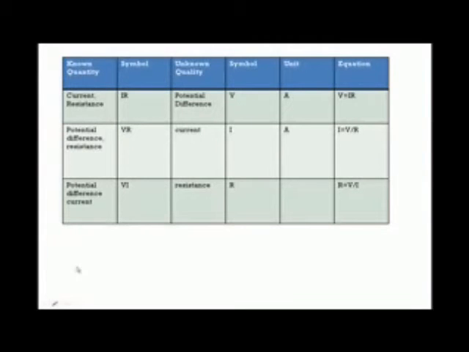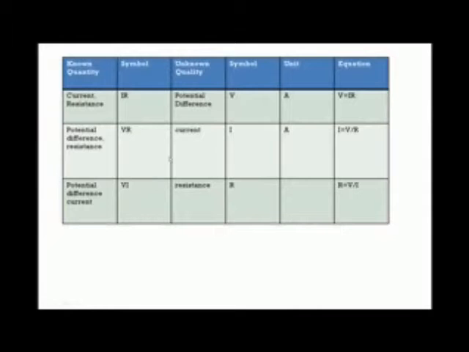We have the values for current and resistance, but we do not have the value for potential difference, whose symbol is V. This is our main formula: V equals I times R. That's how you would find potential difference using current and resistance.